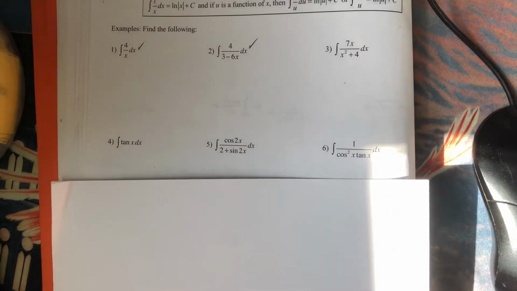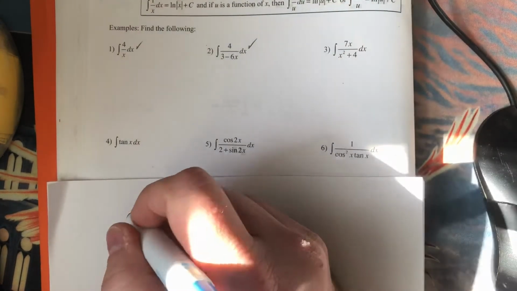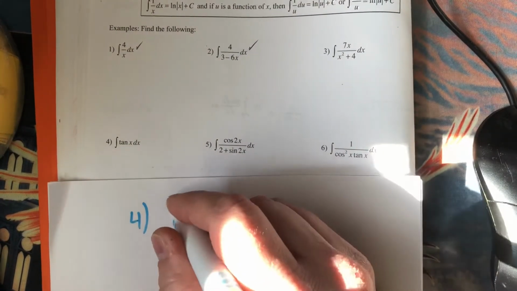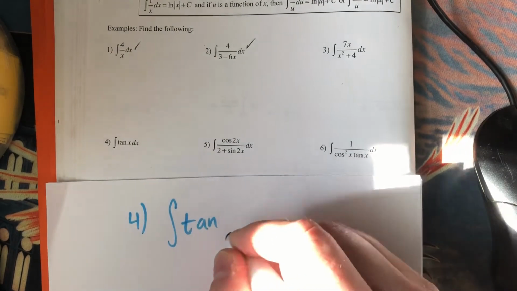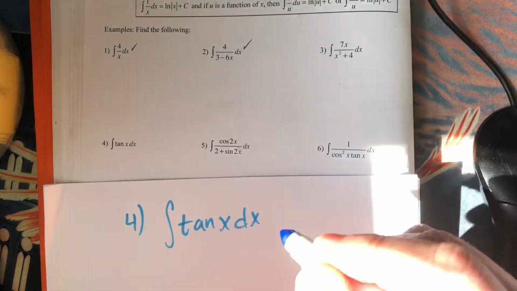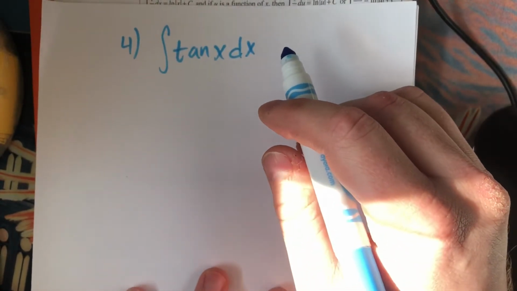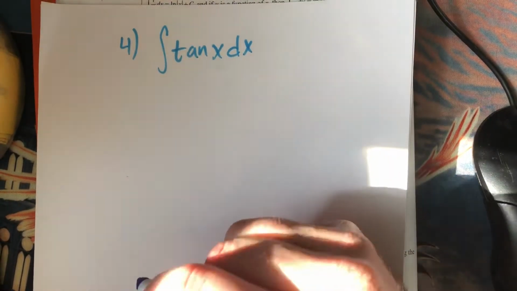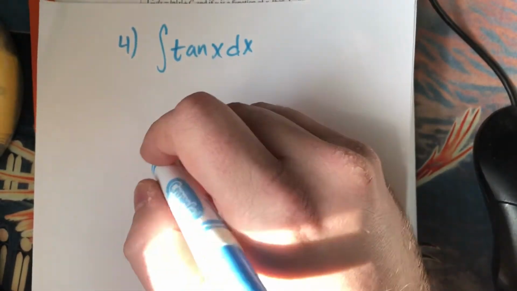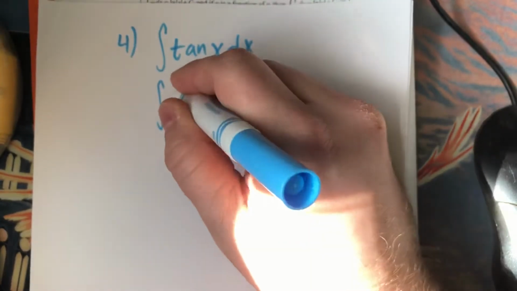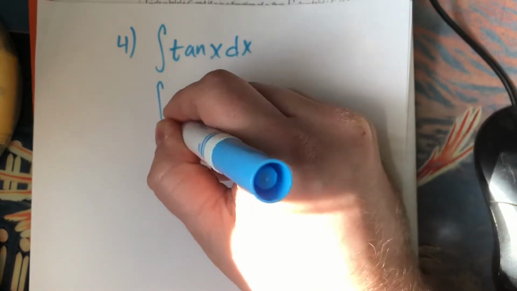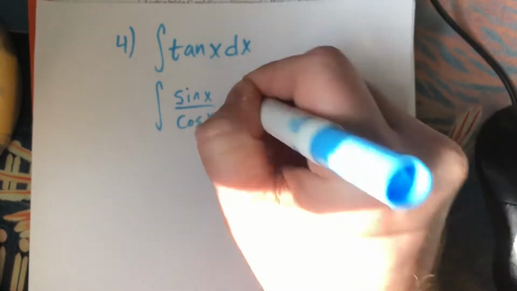All right, example 4, tangent x. So we look at tangent x and we're like, why is this in a natural log section? This must be our next formula. Yes, that is totally what's happening here. It couldn't be that tangent is actually sine x over cosine x dx.